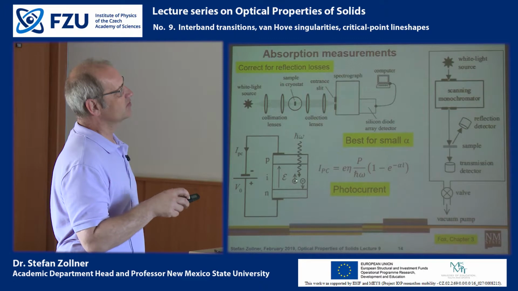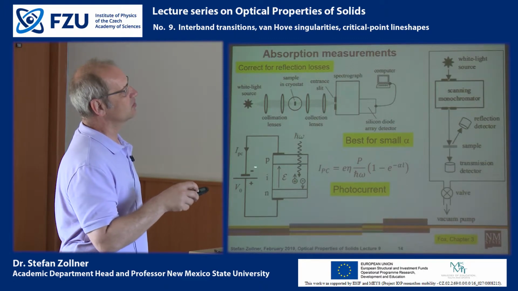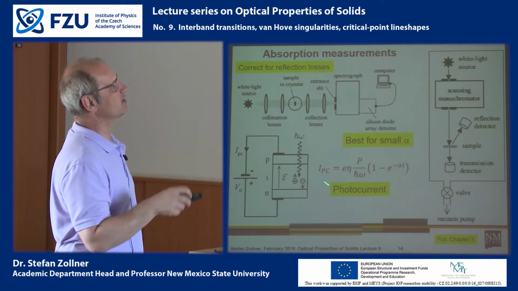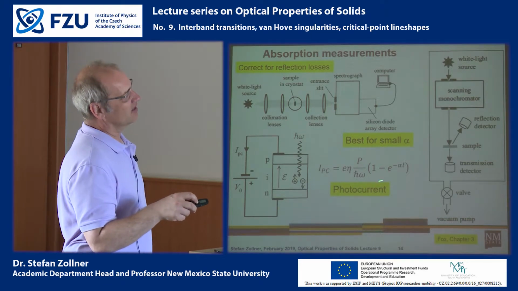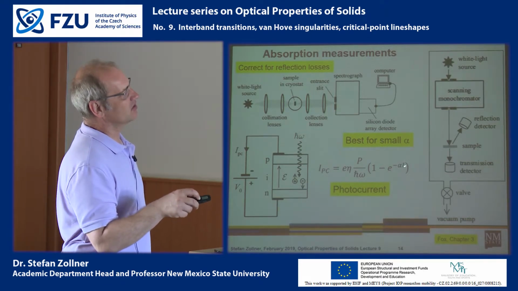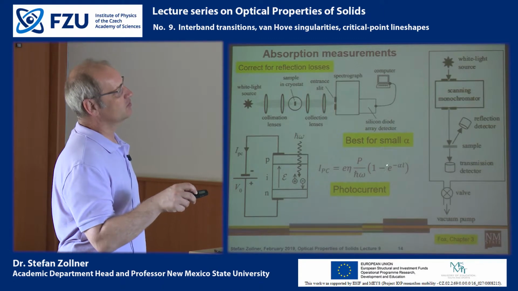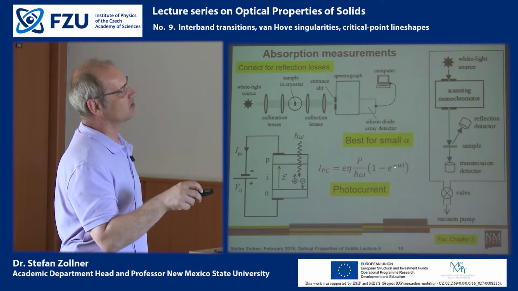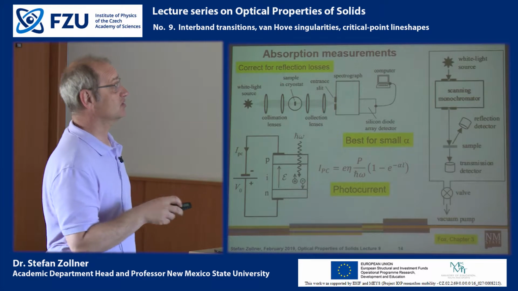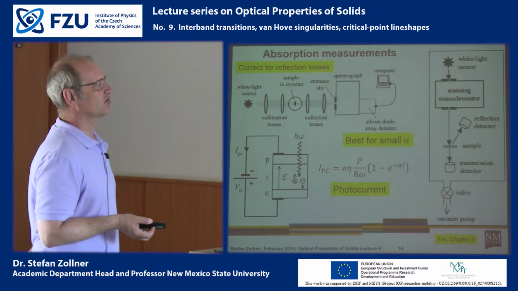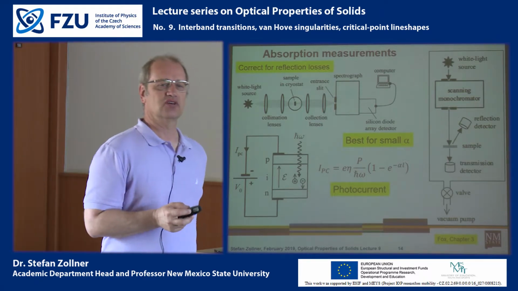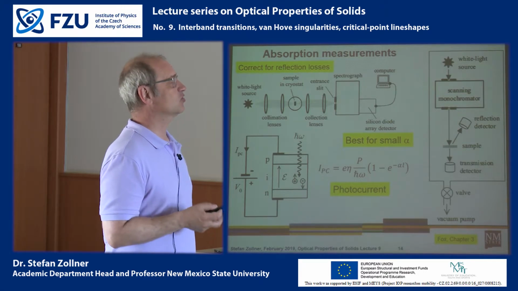So if this is the negative electrode, then the holes are pulled towards the negative electrode, so you measure a current. And this photocurrent depends exponentially on the absorption coefficient. So by measuring the photocurrent, you're very sensitive to where the absorption turns on.